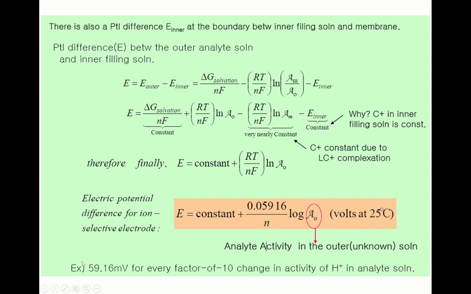Very simple. So here, 59 millivolt, roughly 60 millivolt, for every factor of 10 change in activity of the ion in the analyte solution, for example protons.